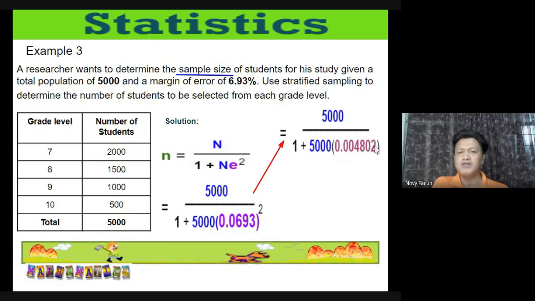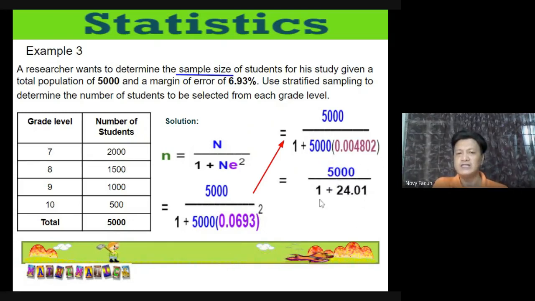Okay. Kapag minultiply mo yan, that will become 24.01. So, copy mo lang muna yung 1 dyan para at least masundan natin yung step-by-step procedure or solution. And then, i-add mo ngayon yung denominator mo, 24.01 plus 1, 25.01 na yon. Ngayon, i-divide mo si 5,000 doon sa 25.01.